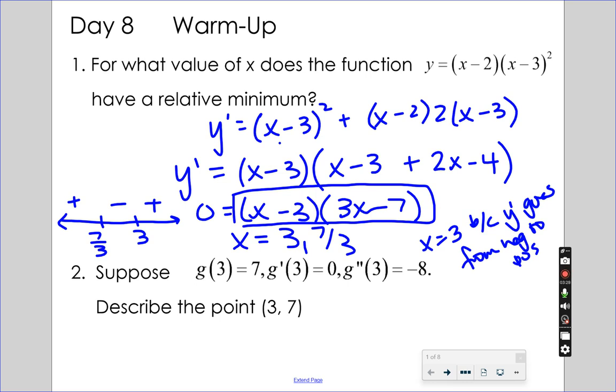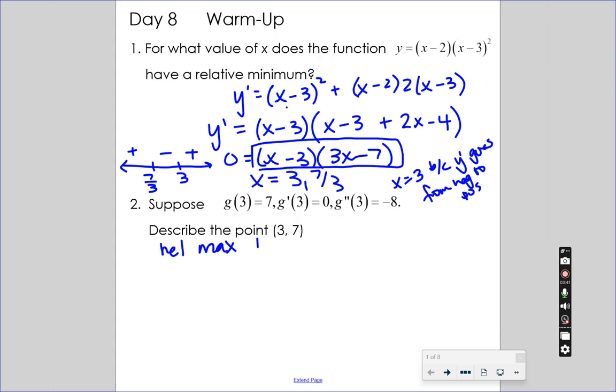So the second derivative being negative 8 tells me what? It's concave down, so that means it's a relative max. That's the second derivative test right there. Relative max because g prime of 3 equals 0 and g double prime of 3 is less than 0. That's all you have to write for your justification.